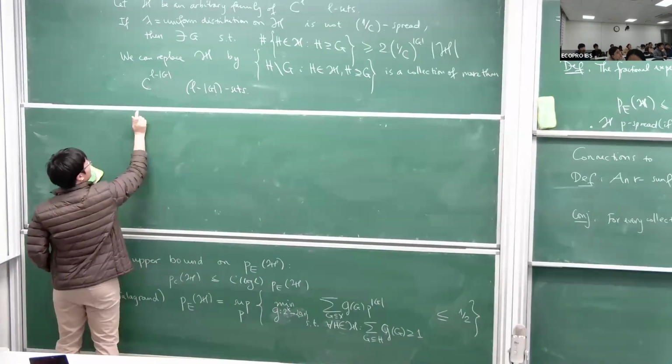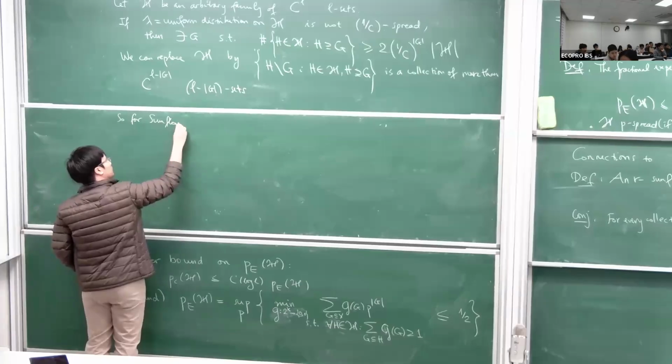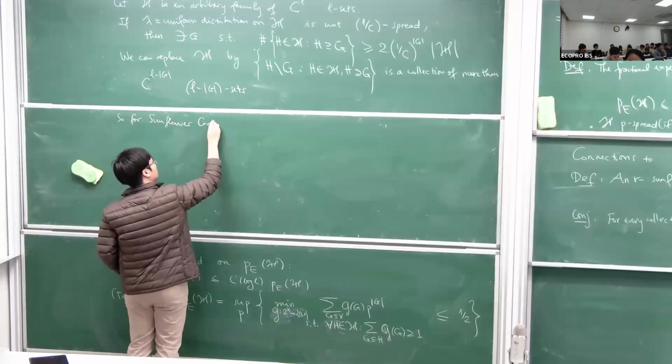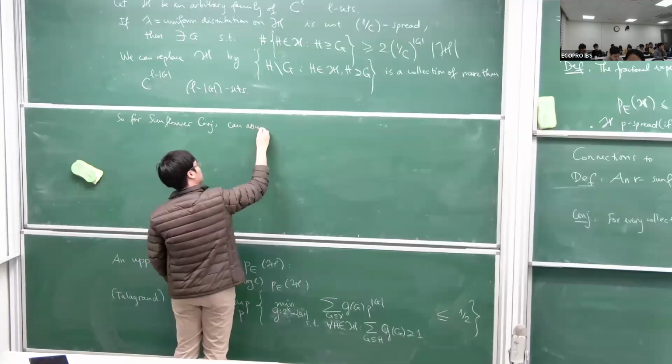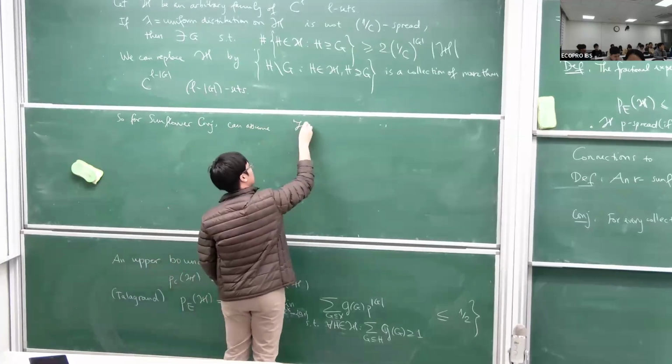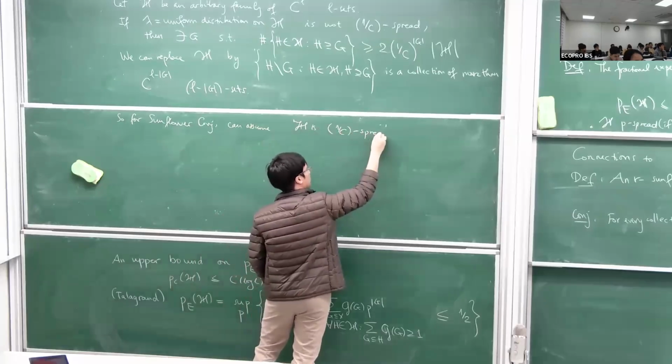So we just write that conclusion. So for the conjecture, we can assume that H is 1 over C squared.